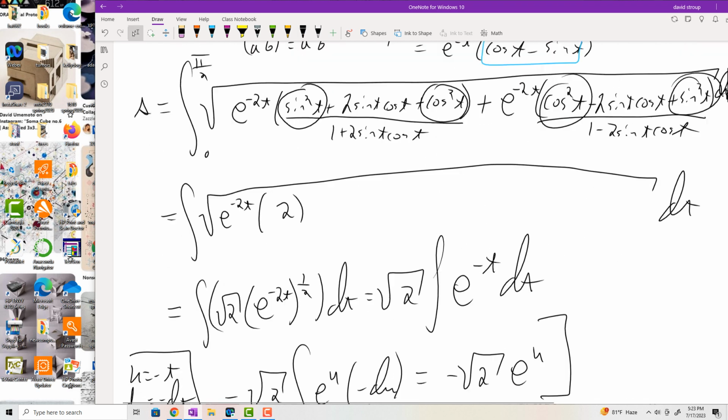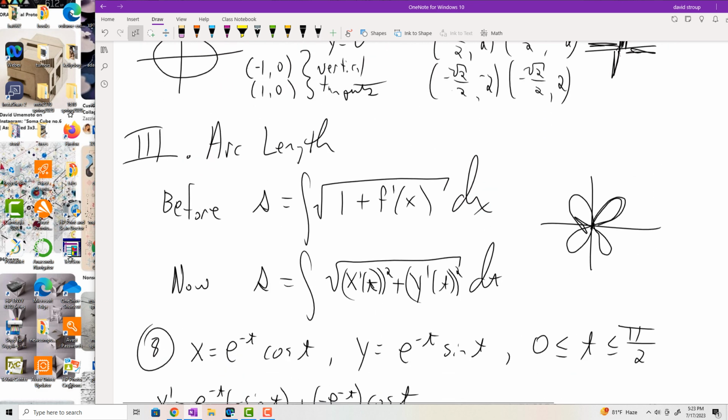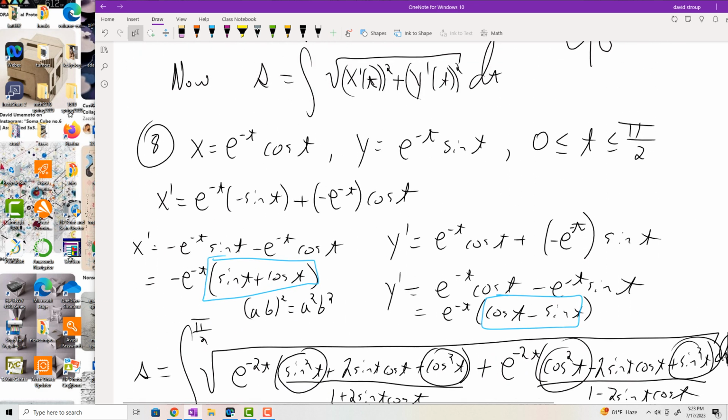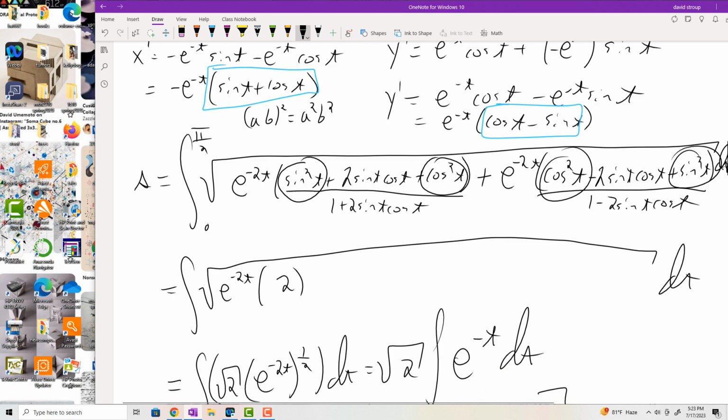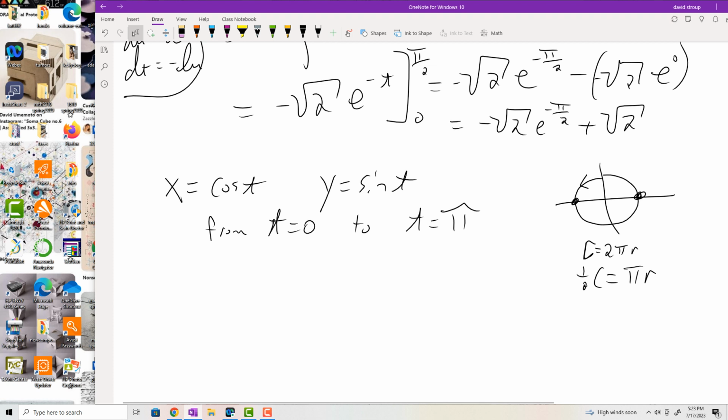So I need you, though, to use the formula for arc length, making it more obvious. The formula for arc length is this formula. For those of you who like to just helicopter in and watch the quiz, there you go. That'll prevent me from having to argue with you over your answer.